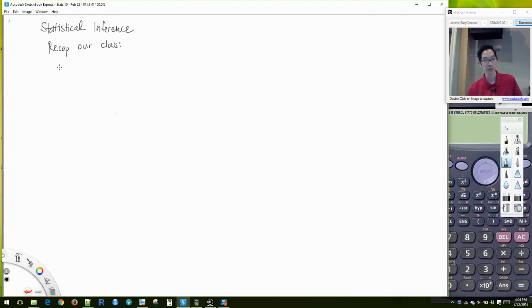We started off with descriptive statistics, and this included things like numeric summaries, so you have the mean and the median, but it also included descriptive statistics when we were talking about two variables.